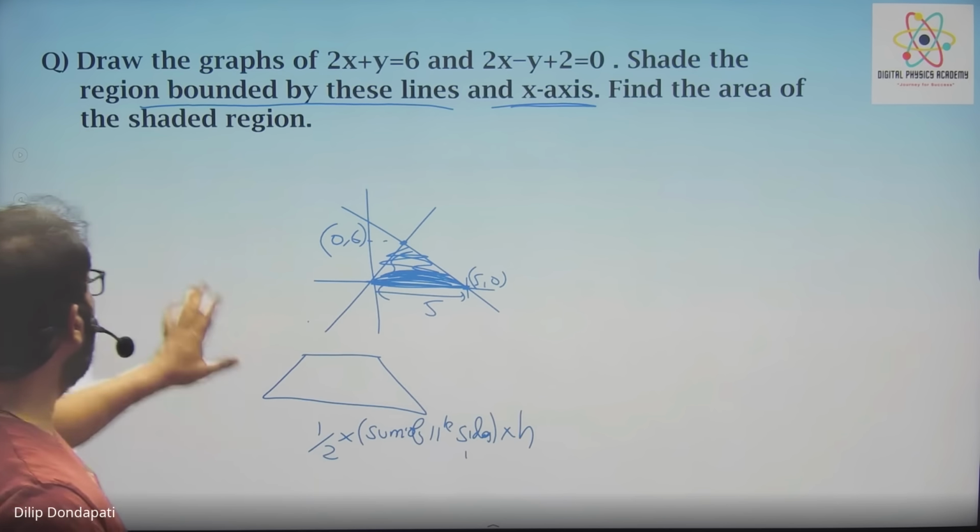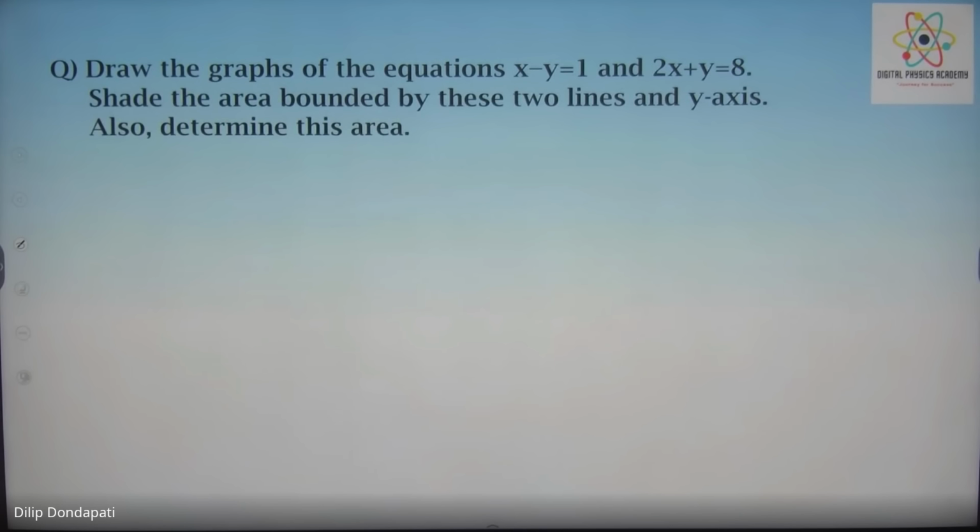Okay. 2 problems for homework. Just write the equation. Draw the graph of the 2 equations and shade the area of these 2 lines and the y-axis. I want the shaded region with the y-axis, and determine this area.